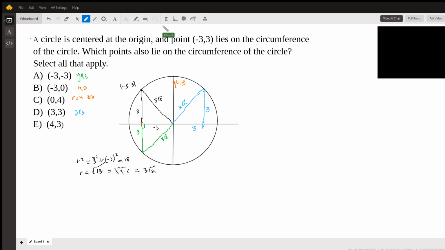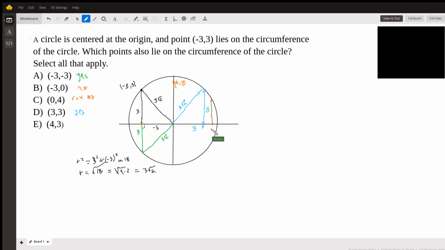And then 4, 3 is the last one. Let's do that one. We know that 4 is inside the circle, so it's like here. But I don't see how it could be up 3, as up 3 would make it too big.